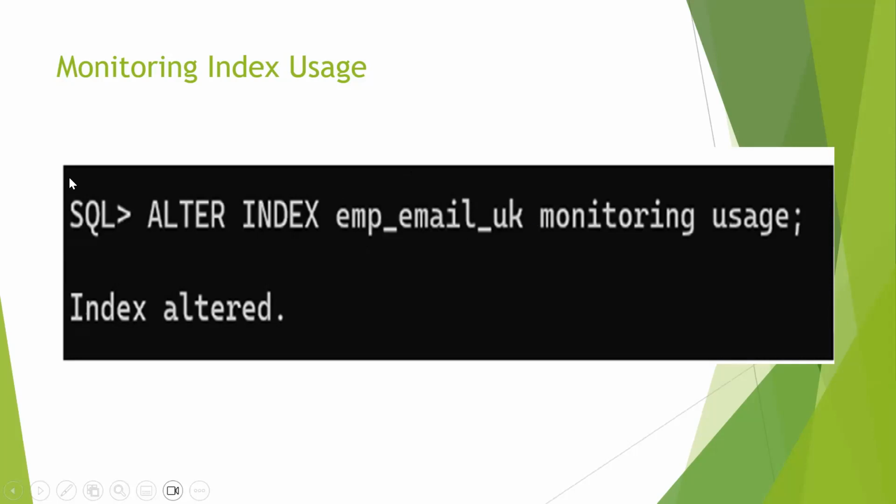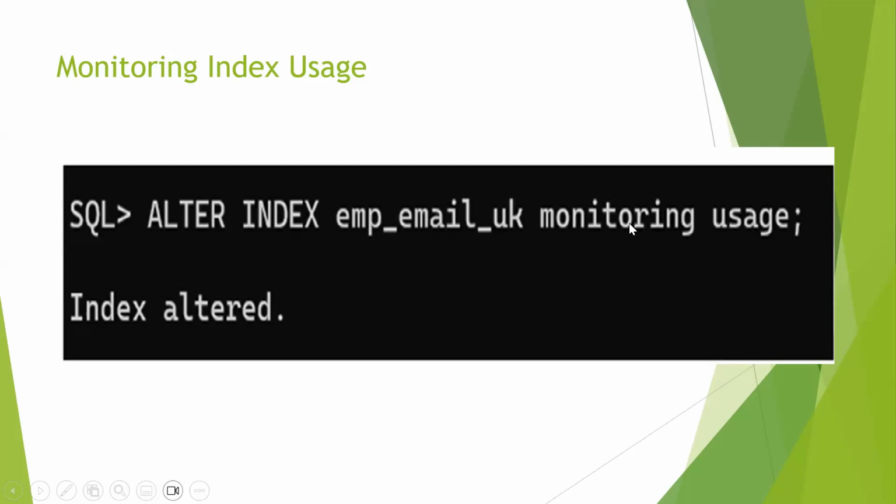You can see ALTER INDEX. They are reserved keywords. If you want to make changes here, you first have to use the ALTER INDEX command, followed by the name of the index that you want to alter.